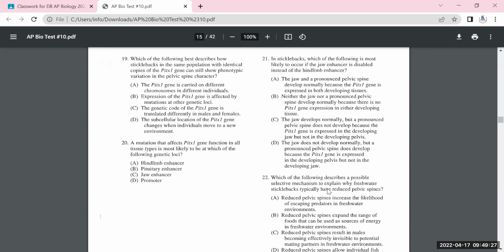Genetic code is translated differently in males and females. We know that is not true. Subcellular location of the PITX1 gene changes when individuals move to a new environment. I'm not exactly sure how that would explain the situation that you have here. So 19 is just going to be B.